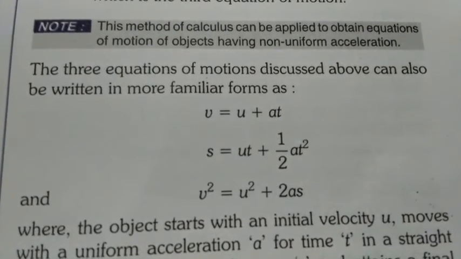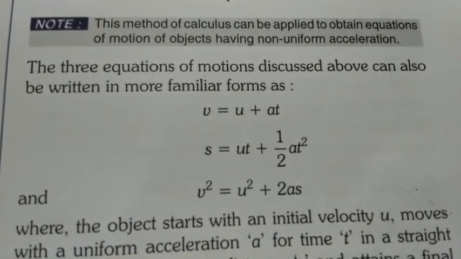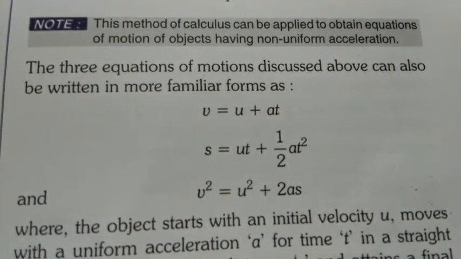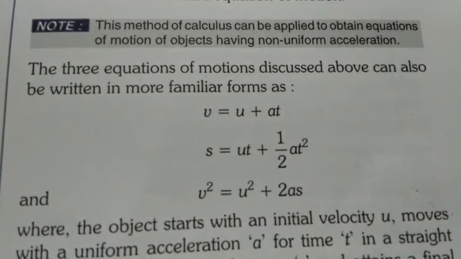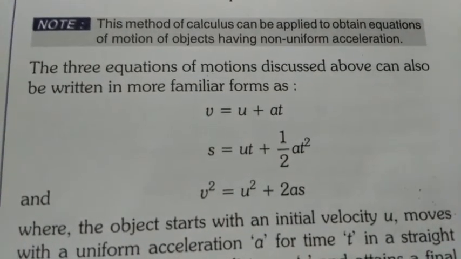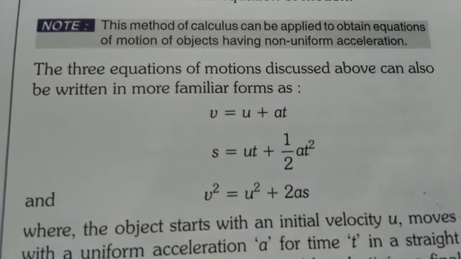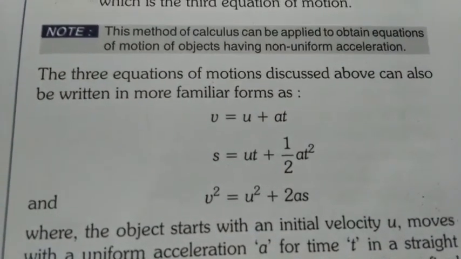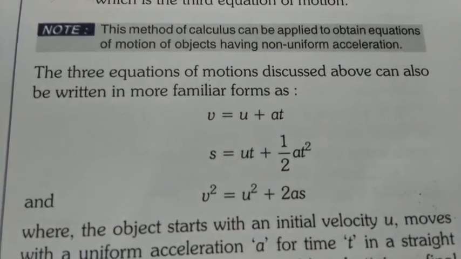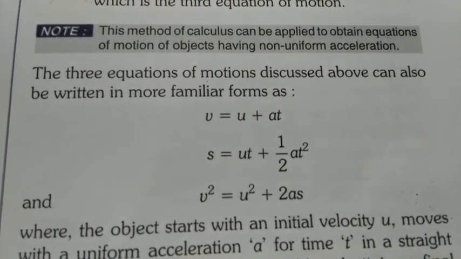So you should know both styles of writing the three equations of motion, in terms of v naught, x naught, etc., and in terms of distance and u, etc. You should know both types, because in competitive exams or other exams any type of form can come.